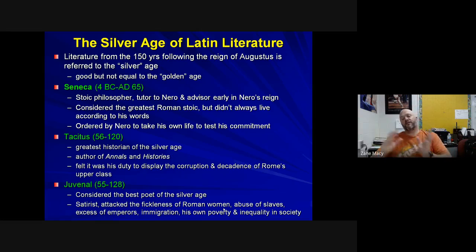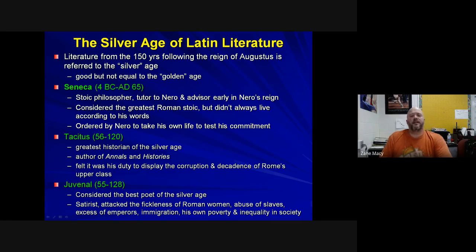Literature coming from the 150 years following the reign of Augustus is referred to as the Silver Age. Maybe not quite on par with the literature that was produced during the time of Augustus. But then again, Augustus was on the hunt trying to find talented writers, and he was doing everything he could to promote the greatness, the grandeur of Rome.